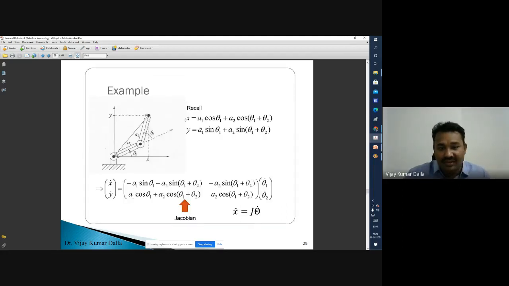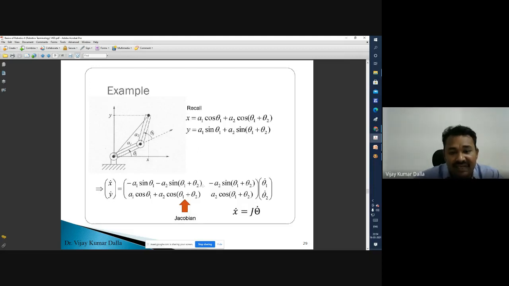Again, recalling the equations of end effector positions, by differentiating these two equations with respect to time, we want velocity. So that's why dx divided by dt is written here as x dot, and dy divided by dt is written here as y dot. If you differentiate with respect to time, cos theta 1 becomes minus sin theta 1 multiplied by theta 1 dot.